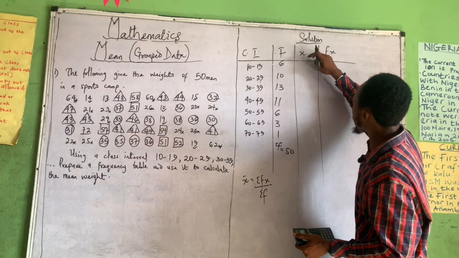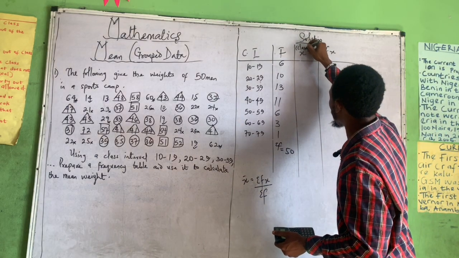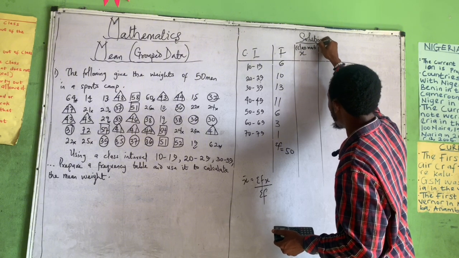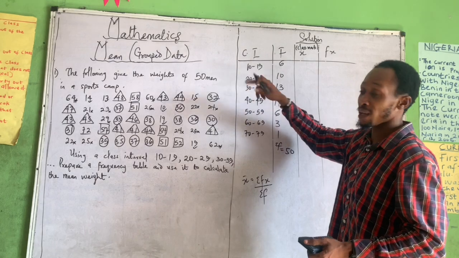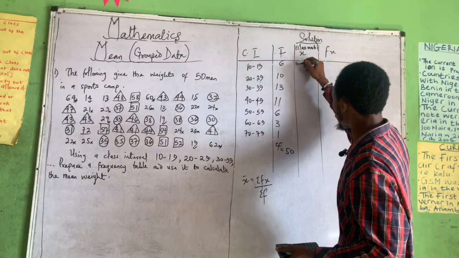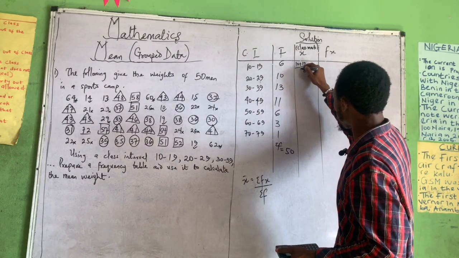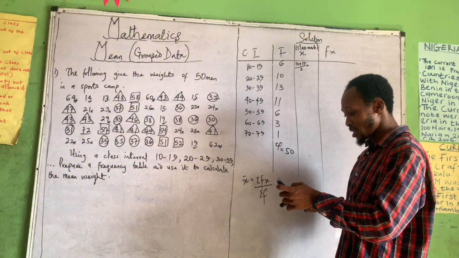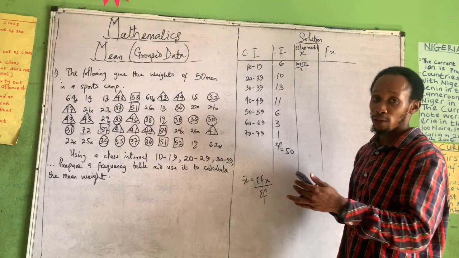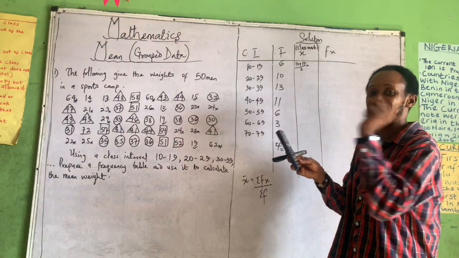Now to get x, this is also known as your class mark. To get your class mark, it is the midpoint of your class interval. That's your 10 plus 19 divided by 2. You get your class mark. That's your x. Now when you are adding 10 plus 19 divided by 2, don't press 10 plus 19 divided by immediately.